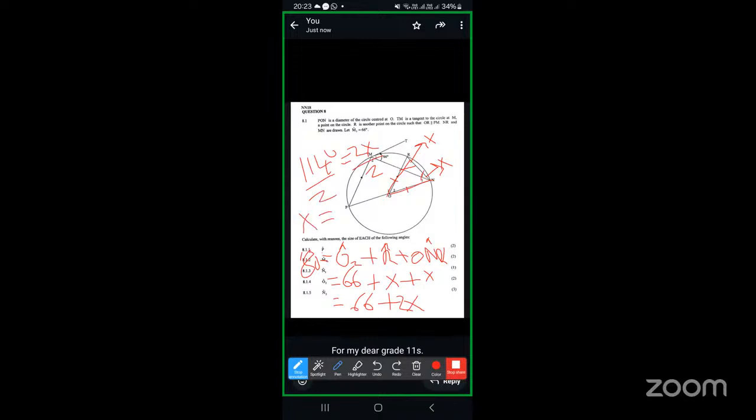Therefore, angle x is equal to 57. Therefore, this angle here is 57, and this angle here is 57. Do you guys understand that part?